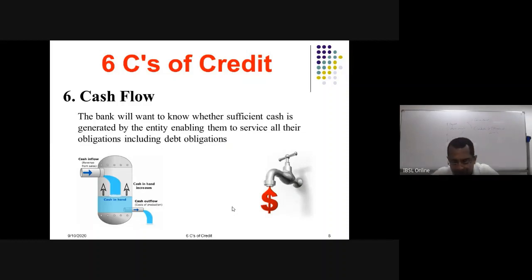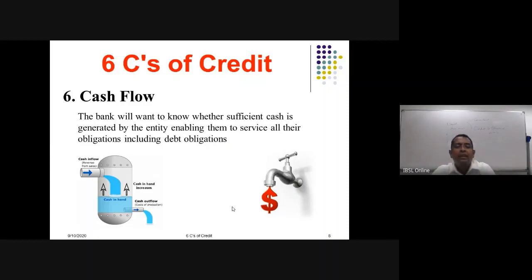Right? 6 C's of credit: character, capital, capacity, condition, collateral, and cash flow. Right?